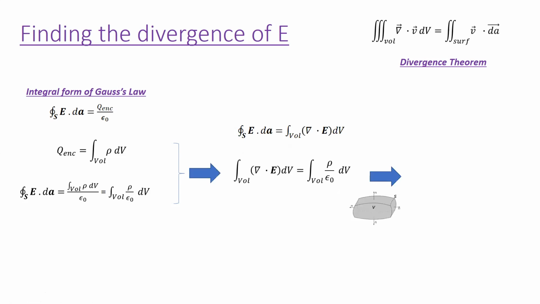So we find that the divergence of E is equal to rho over epsilon naught. That is the differential form of Gauss's law. This is the integral form of Gauss's law, and this is the differential form: the divergence of E is equal to rho over epsilon naught. And that's actually one of Maxwell's equations.